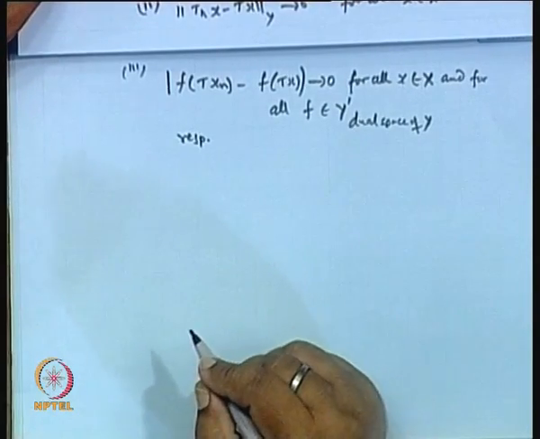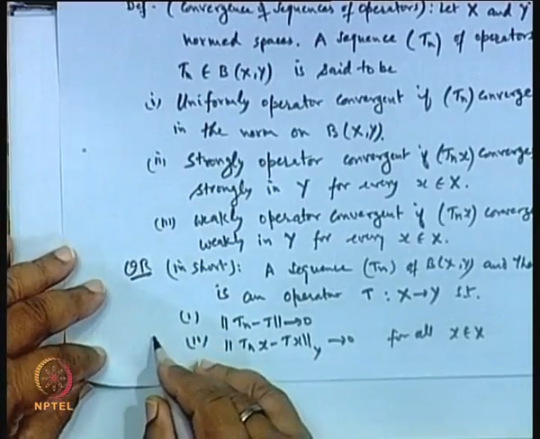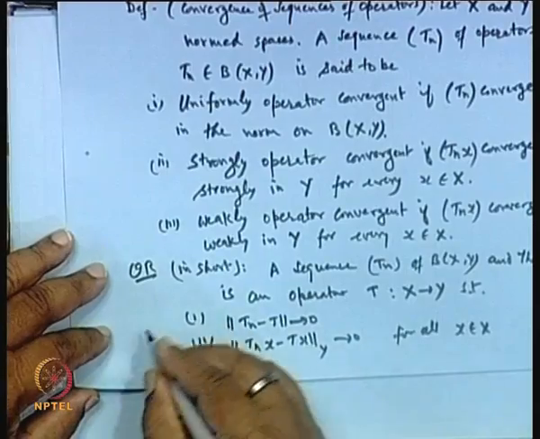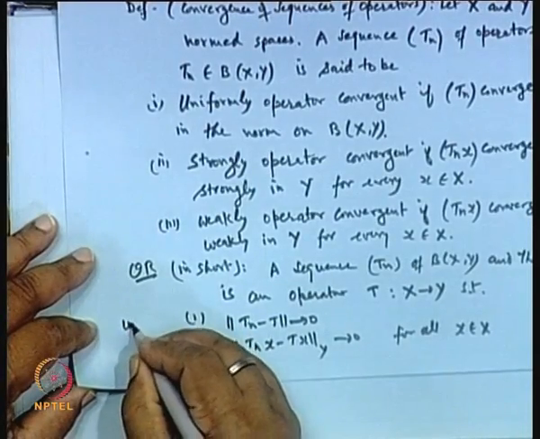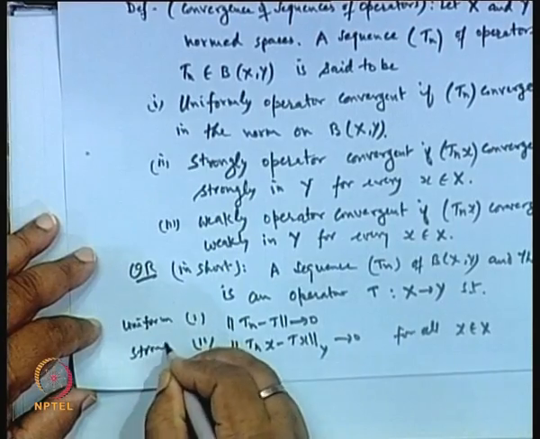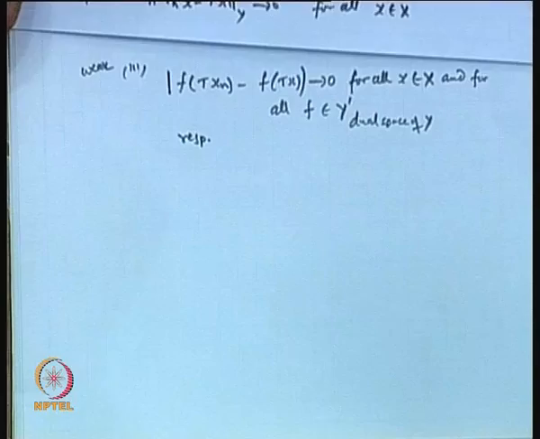Okay, then T is called the uniform, okay. So, this is our strong convergence, that is corresponding to 2. Sorry, this is uniform, this is strong, and this is weak. Clear?